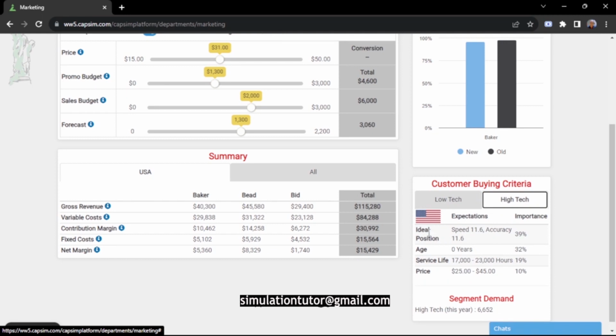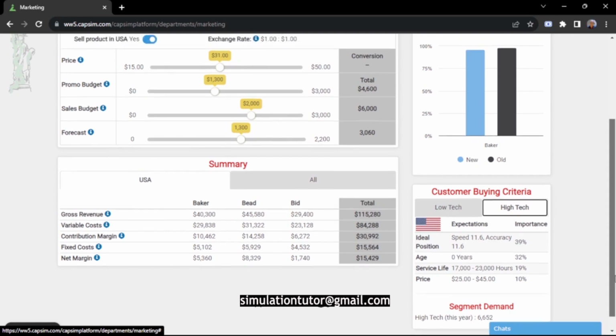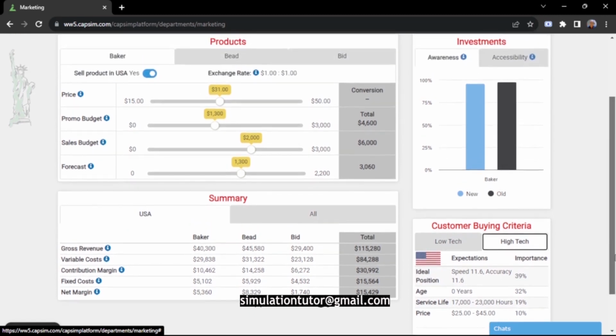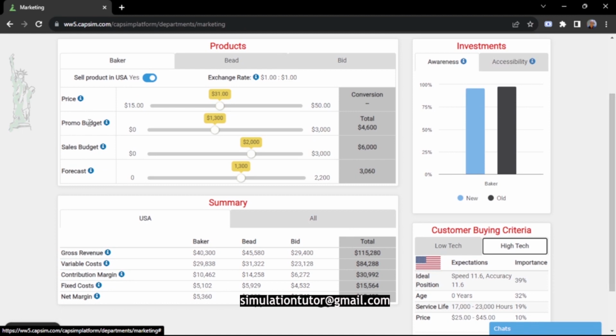Speed as an ideal position is more important with 39%, age has an importance of 32%, service life has an importance of 19%, while price has an importance of 10%. So here we are going to make decisions in terms of pricing, the promo budget to increase my awareness, sales budget to increase my accessibility, and forecast so that I can predict the number of units that I'll be able to sell.